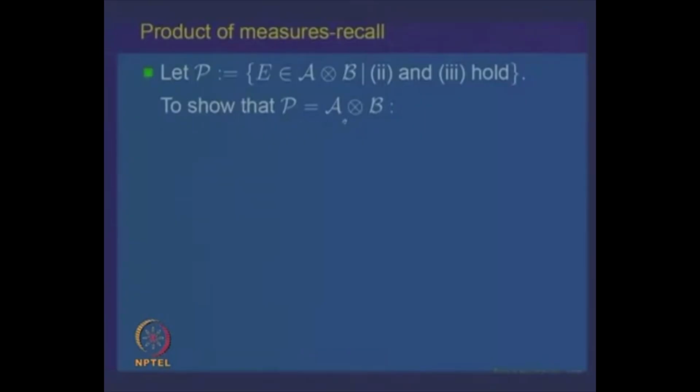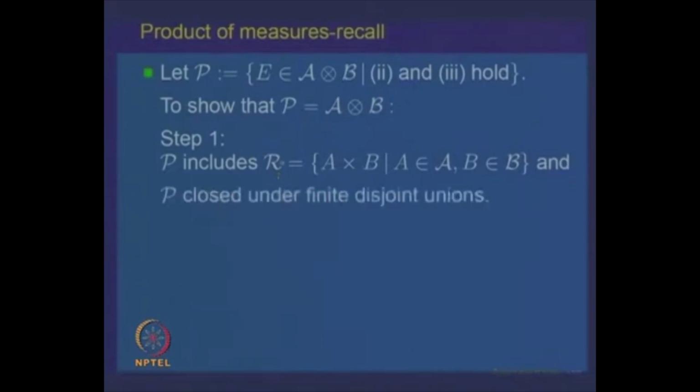Now, we had already observed in the previous lecture that to show this, the first step is to prove that this class P includes the rectangles. That we had proved, and also we had proved that this class P is closed under finite disjoint unions.